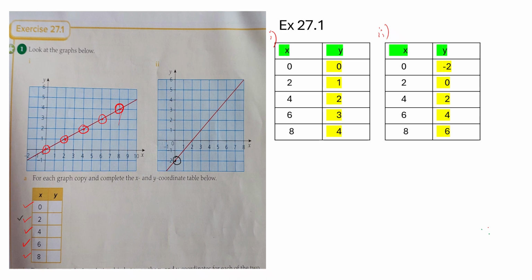For 2, it's 2 comma 0. Next one is 4. So 4 comma 2. Now for 6, 6 comma 4. For 8 comma 6. So minus 2, 0, 2, 4, 6. These are the y coordinates for the second graph.